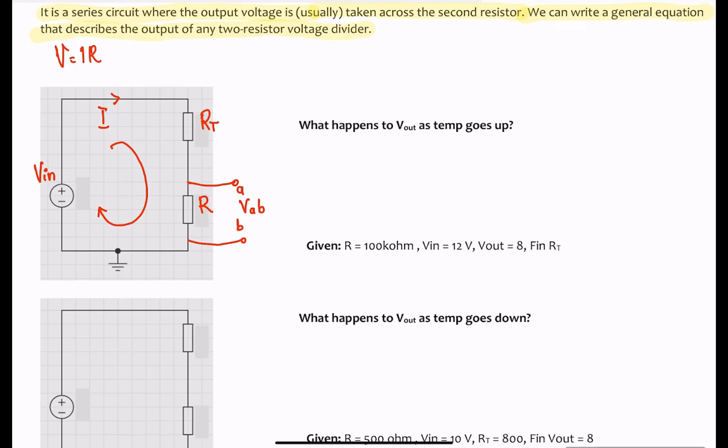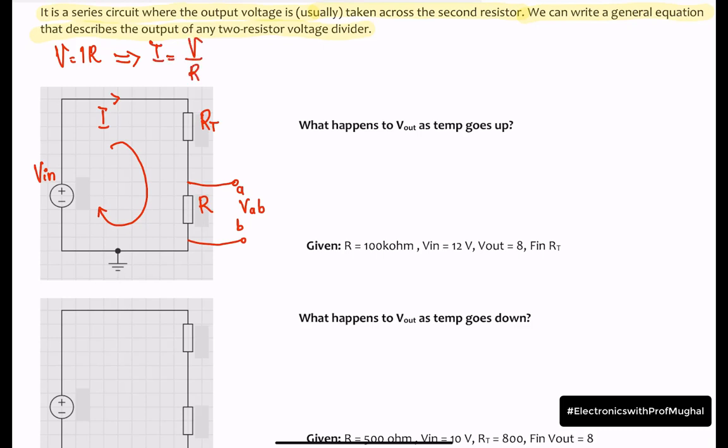So what I can do is rearrange this equation such that I equals V over R, correct? In a series circuit, the total equivalent resistance is the sum of the resistances. So we have RT plus R, and that is going to be the equivalent resistance.